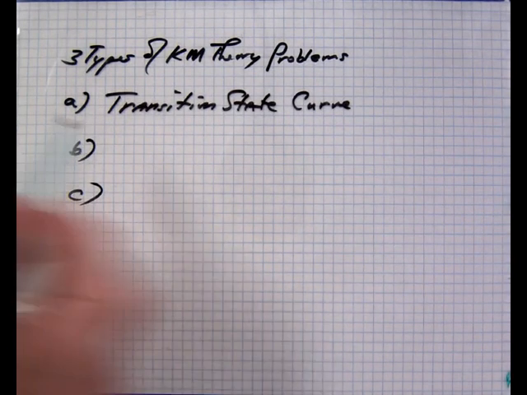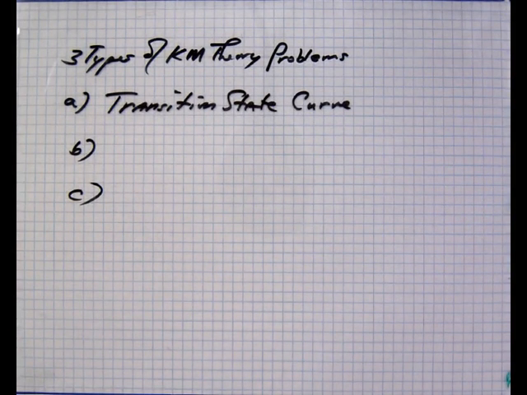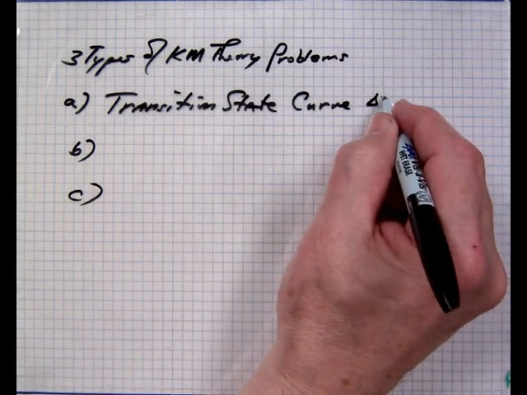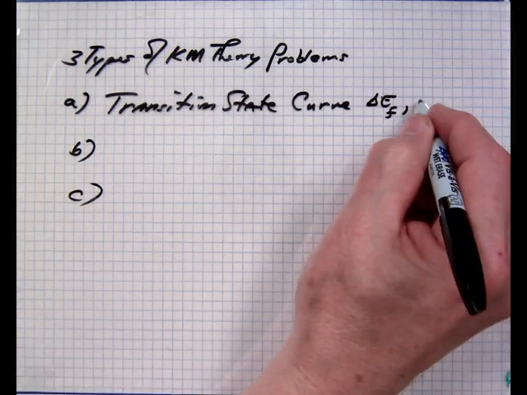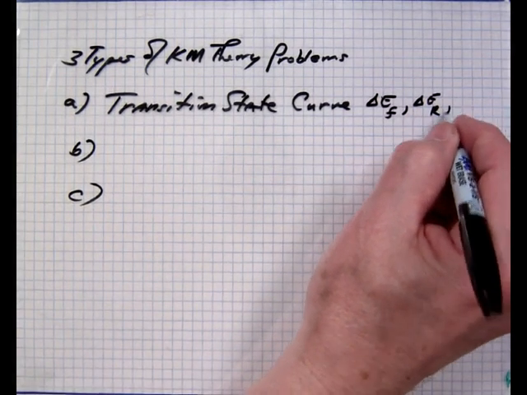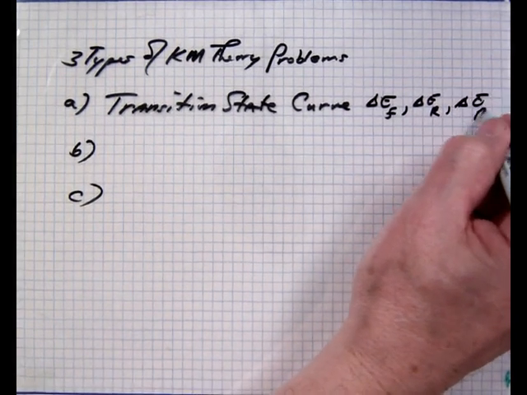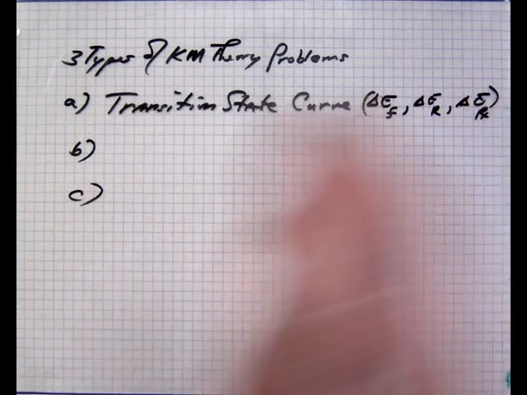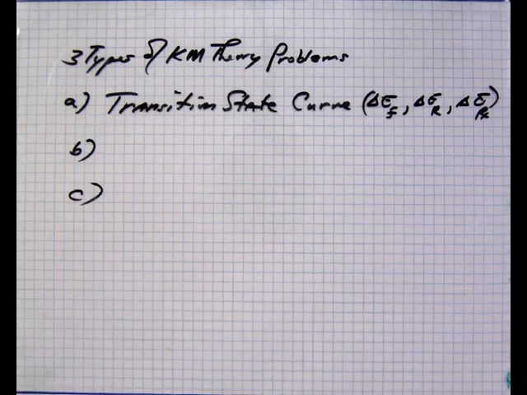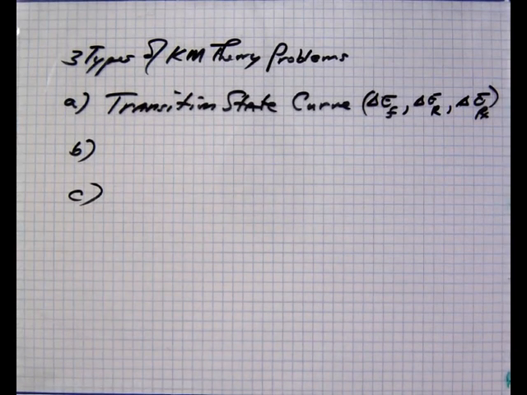To work these kinds of problems, you have to know from the problem and looking at the data whether the curve is an endothermic or exothermic curve. You draw it and put in the data. You have to know the terms, yes? The three terms are delta E forward, delta E reverse, and delta E of reaction. You just have to know where to put those. After you've made a decision whether it's endothermic or exothermic, draw your graph, put those in. Look at the left side and the right side and see what needs to be calculated. Left side equals right side, solve for the unknown.